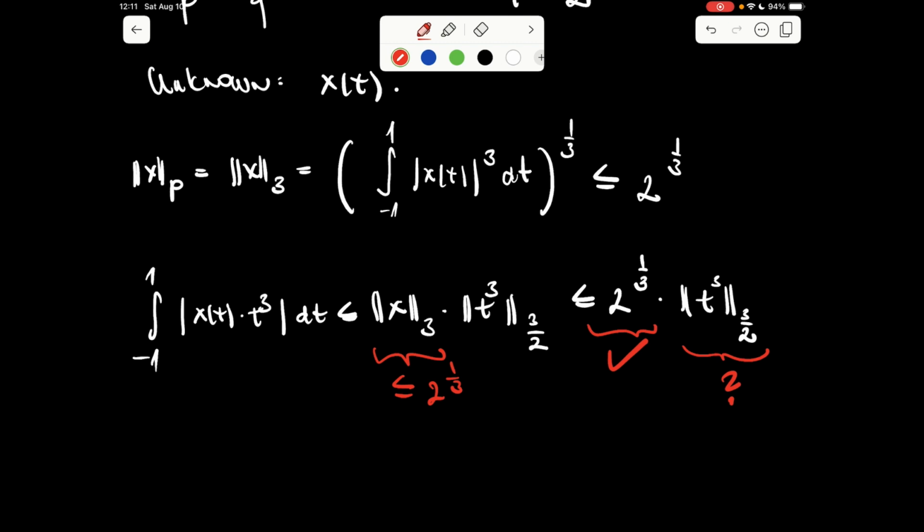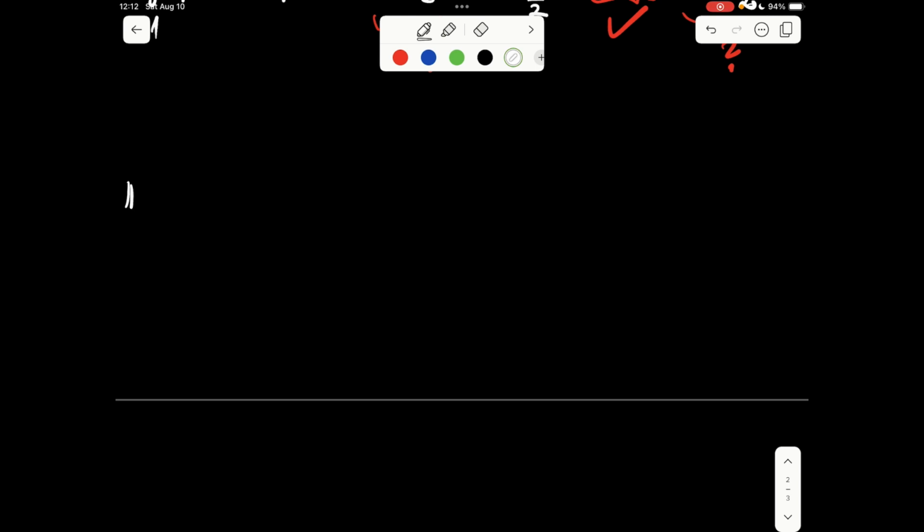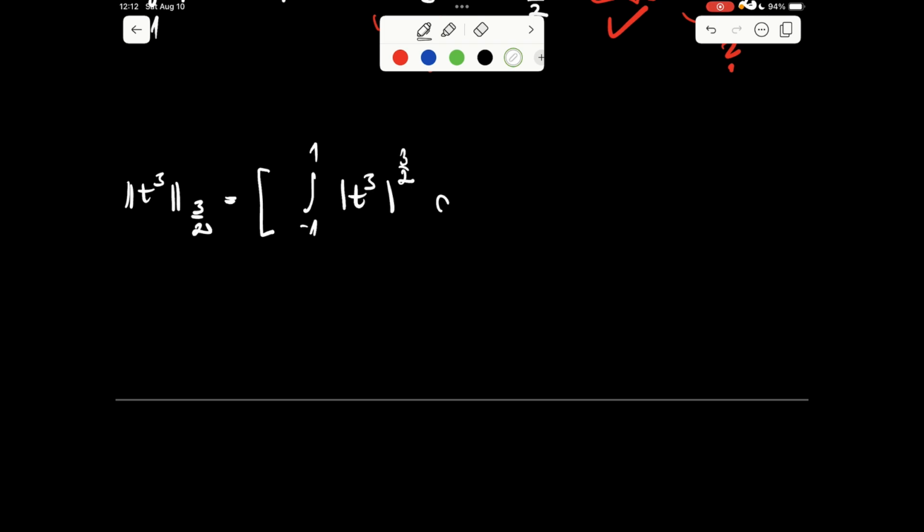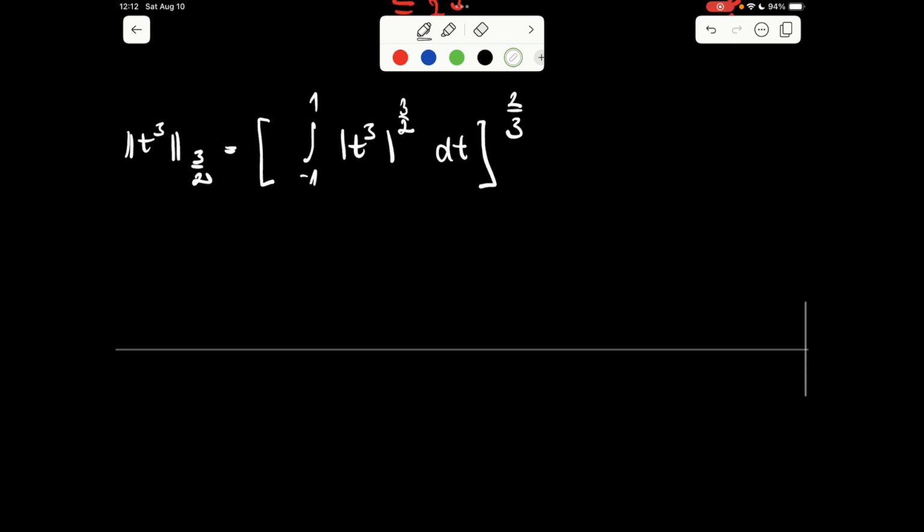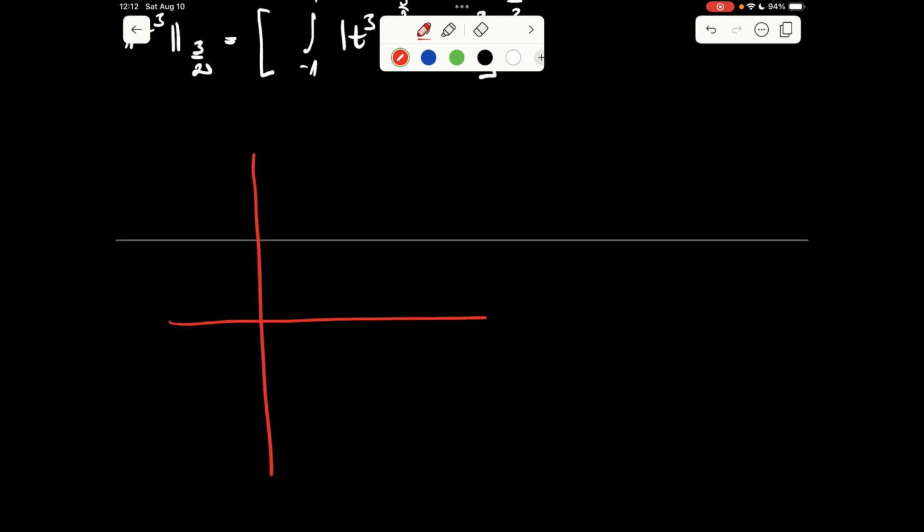The good news is that we can calculate the norm of function y with no problem. So the norm of this function is simply this real number. And this, we can calculate this integral. Why? Let me draw a figure.